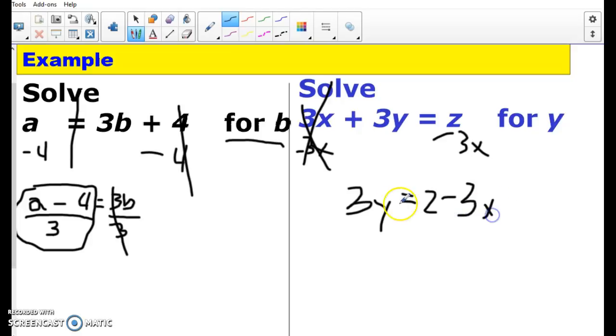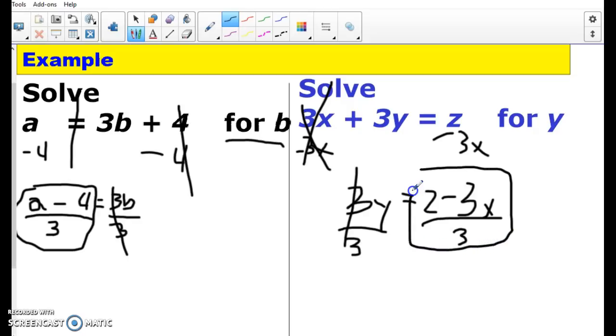Again, it says 3 times y, so I'm going to divide by 3. Those are going to cancel. Divide by 3, so I'm just left with y on that left side. So y ends up being z minus 3x divided by 3.